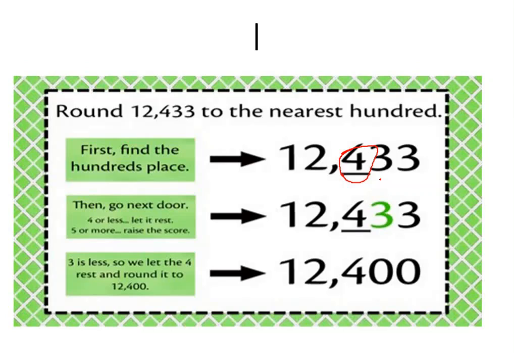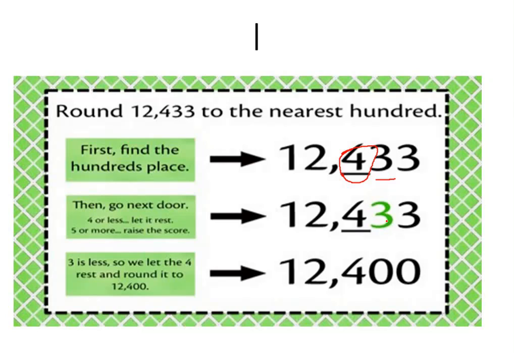Okay, and I underline the number to the right of 4, which is here 3. Not to the left. What will happen to the number to the left? All of the numbers to the left, I keep them as they are. While the number to the right of 4, is it more than or equal to 5 or less than 5?